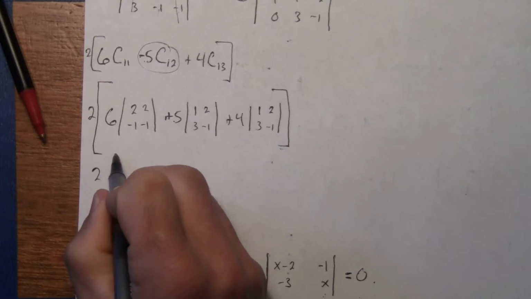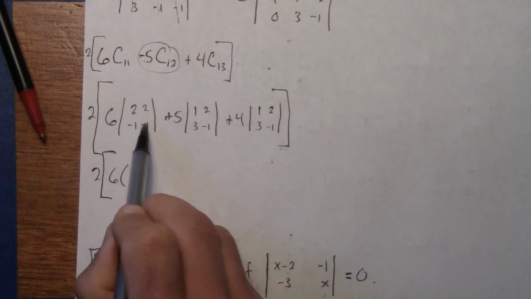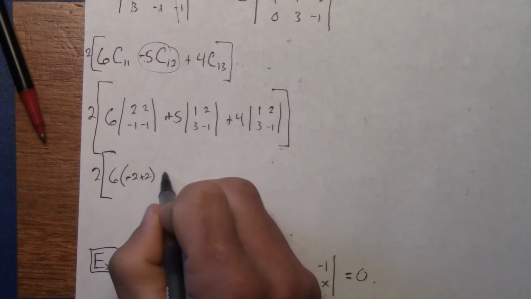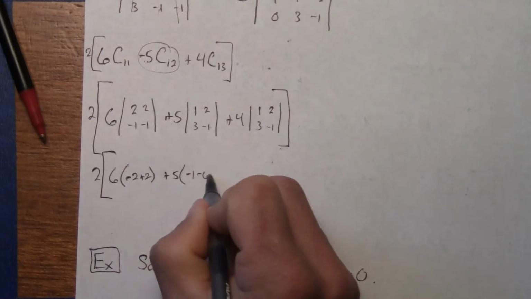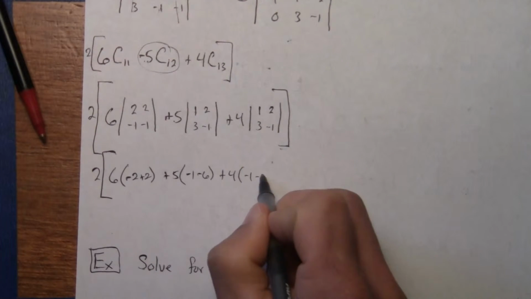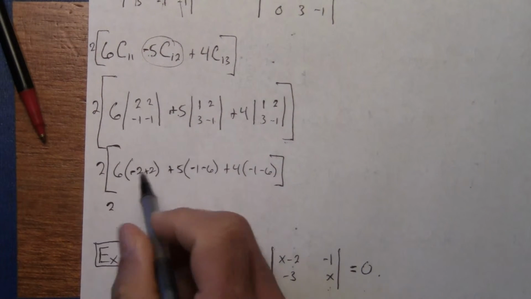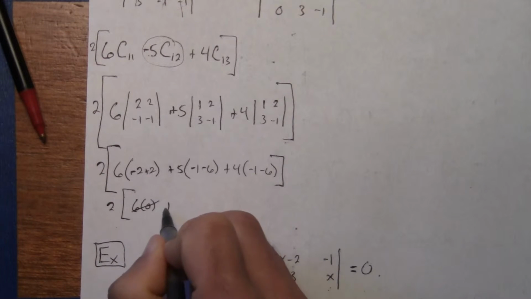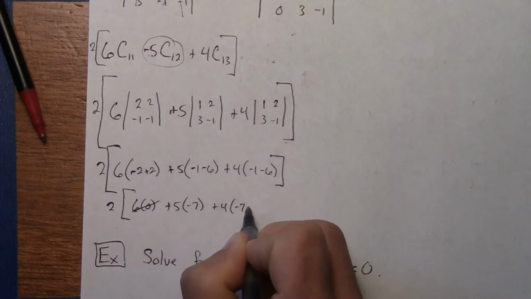So I've got 2 times 6 times negative 2 minus a negative 2, so plus 2, plus 5 times negative 1 minus 6, be careful again with double negatives, plus 4 times negative 1 minus 6. And so I've got 2 times 6 times 0, so that's just 0, plus 5 times negative 7, plus 4 times negative 7 again.